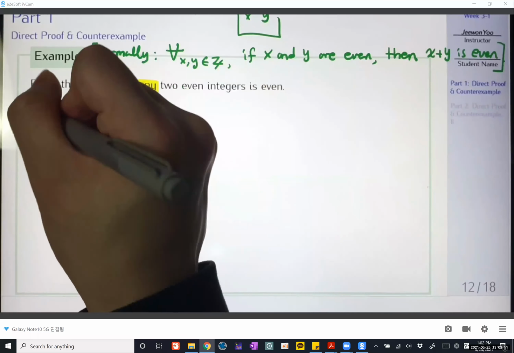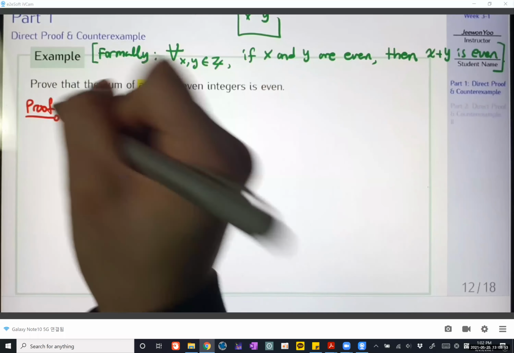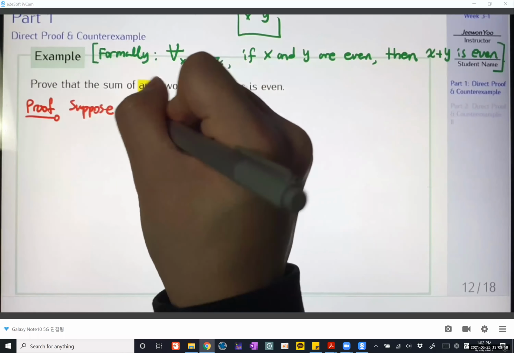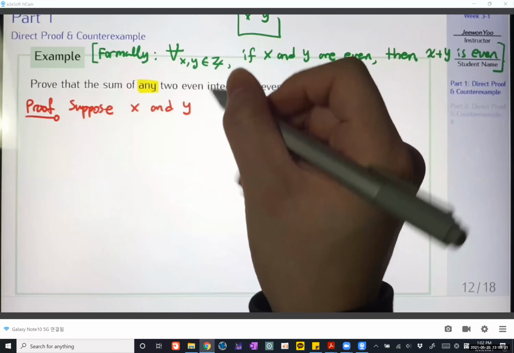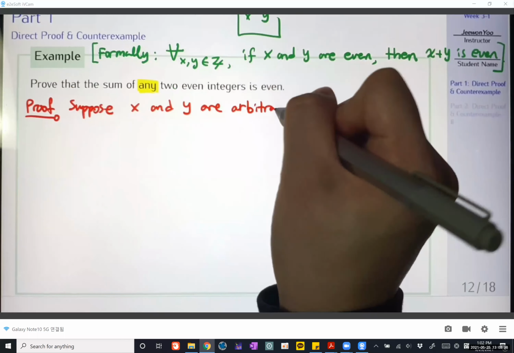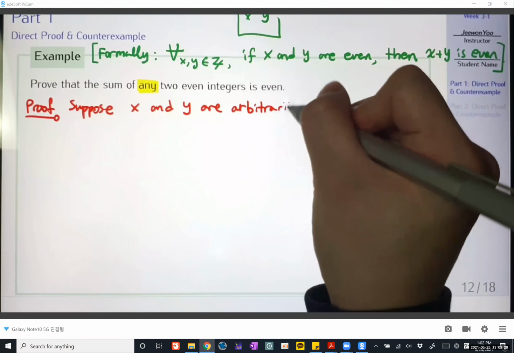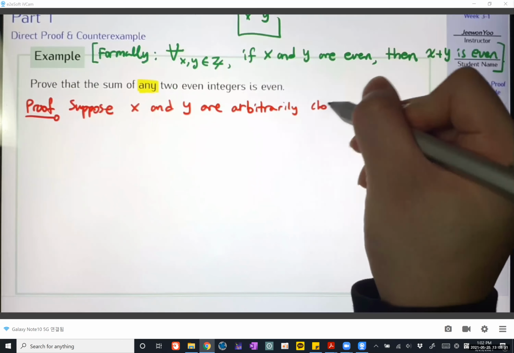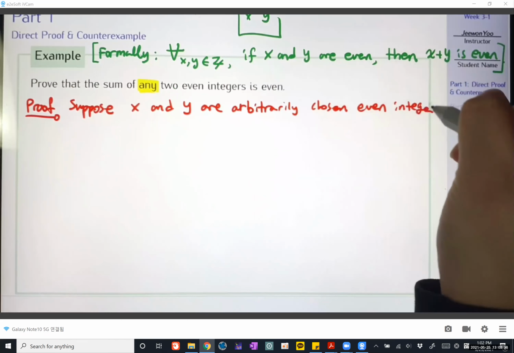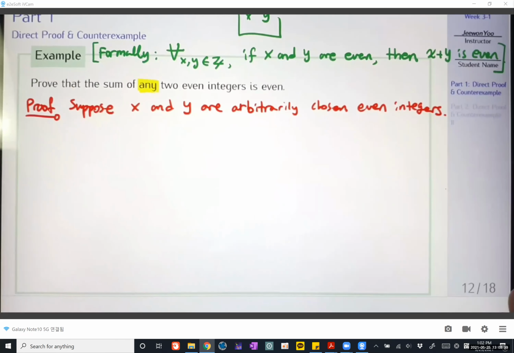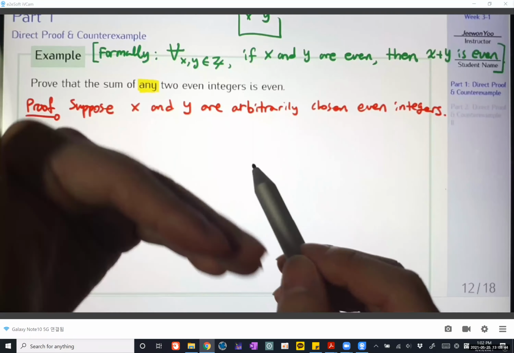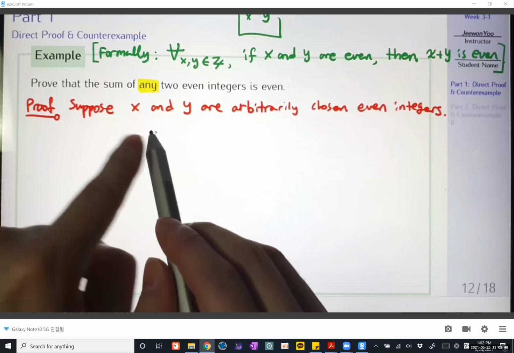So here's the proof. Suppose x and y are arbitrarily chosen even integers. My personal habit when I try to prove is that I write down what I want to accomplish.